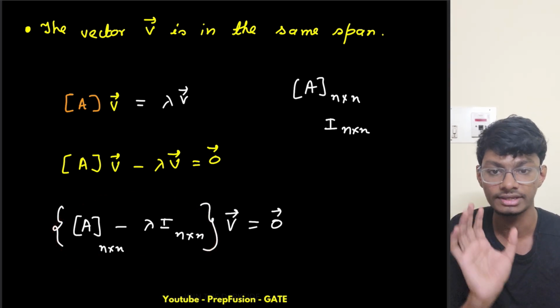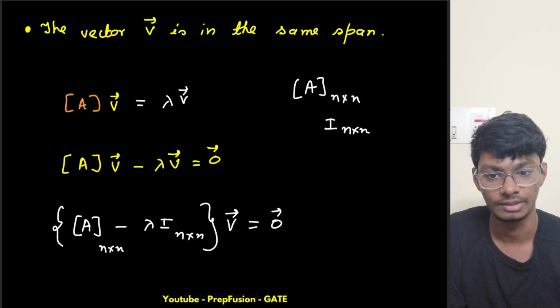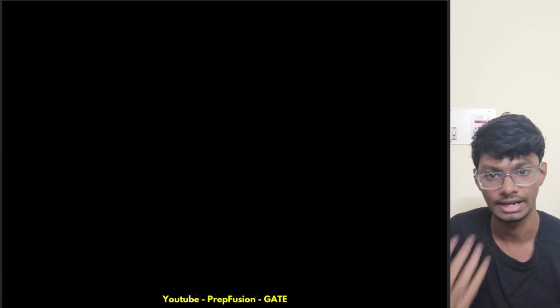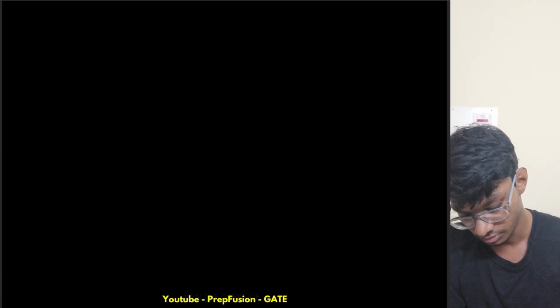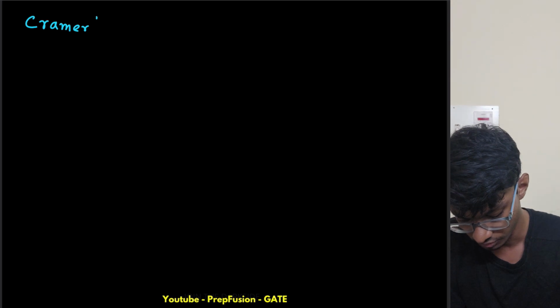So how will I equate this to 0? For that I need to take help of Cramer's rule. In 11th or 12th we have already studied Cramer's rule, so I will give you a brief overview. Let me first write a bit of theory.